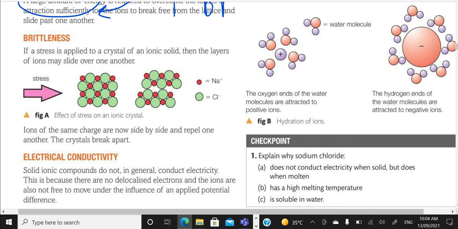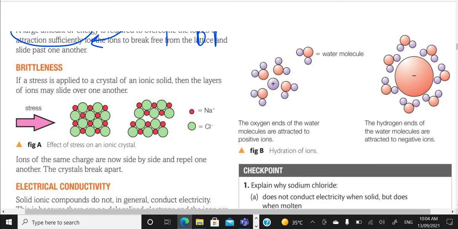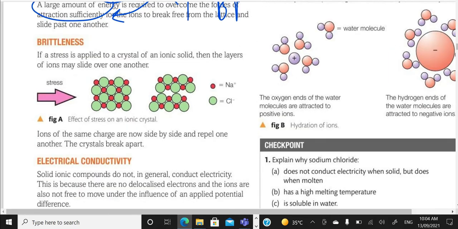Now, if you look into this structure of sodium chloride, this structure is having the positive and the negative ions in it, okay? The red ones are the positive ions for sodium, and the green ones are the chloride ions. They're bigger in size. So when we apply pressure or we apply stress or we hammer it, the ions are disturbed actually.